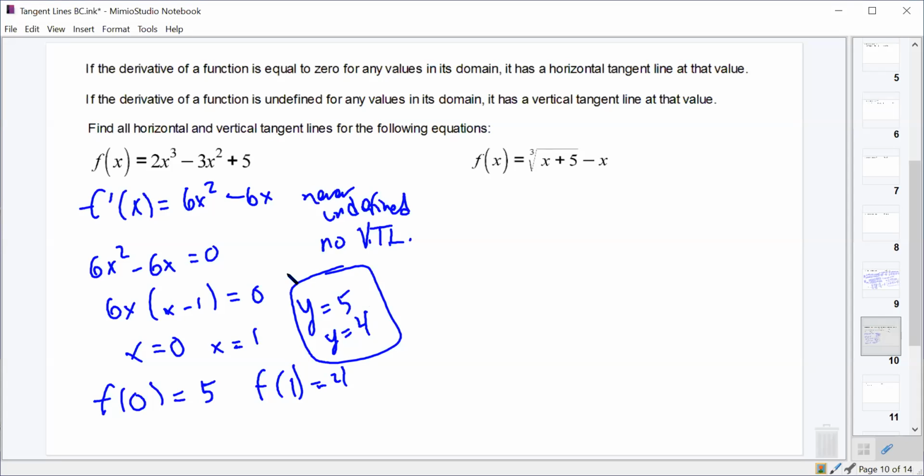I would say in general, no, you don't have vertical tangents at cusps. Yeah, but let's say, yeah, we do. Yeah, cusps are vertical tangent lines, but corners are not. Any other questions on that one?